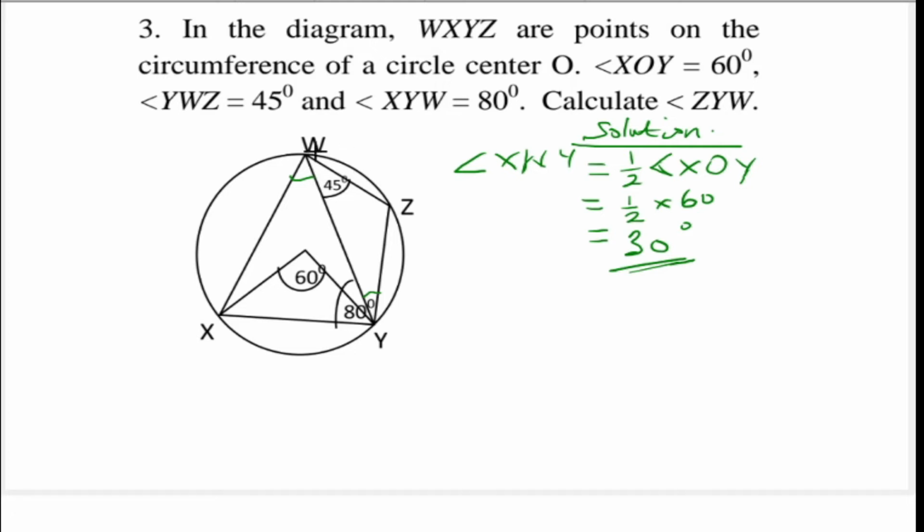So taking WXYZ as a cyclic quadrilateral, it means that this angle here and this angle here are opposite interior angles. So for that matter, when you add them, you should get 180 degrees.